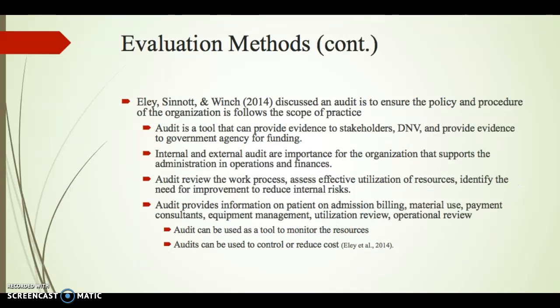An evaluation audit can be done internally or externally to demonstrate evidence for the organization's processes. The detailed data will determine the status of the process: billing, material, payments, equipment, utilization, operations, and human capital.